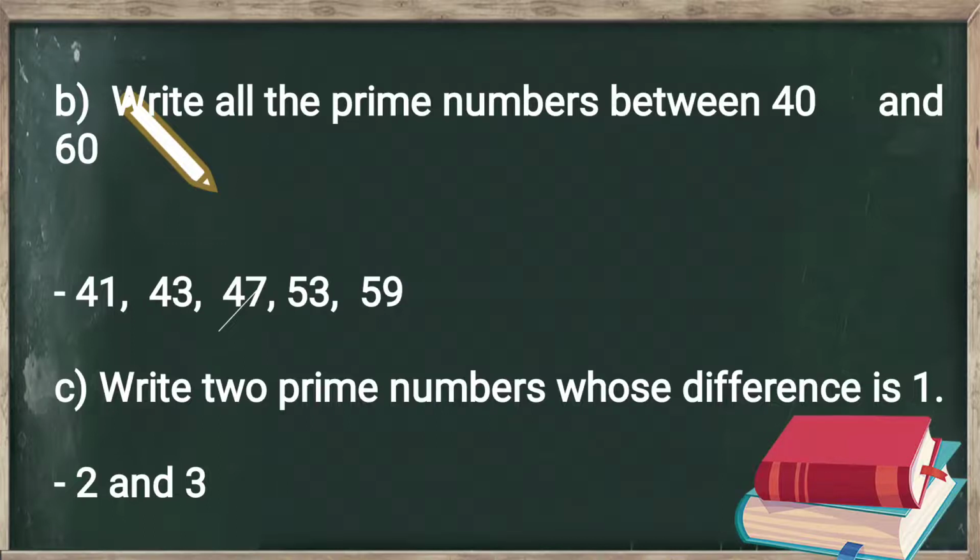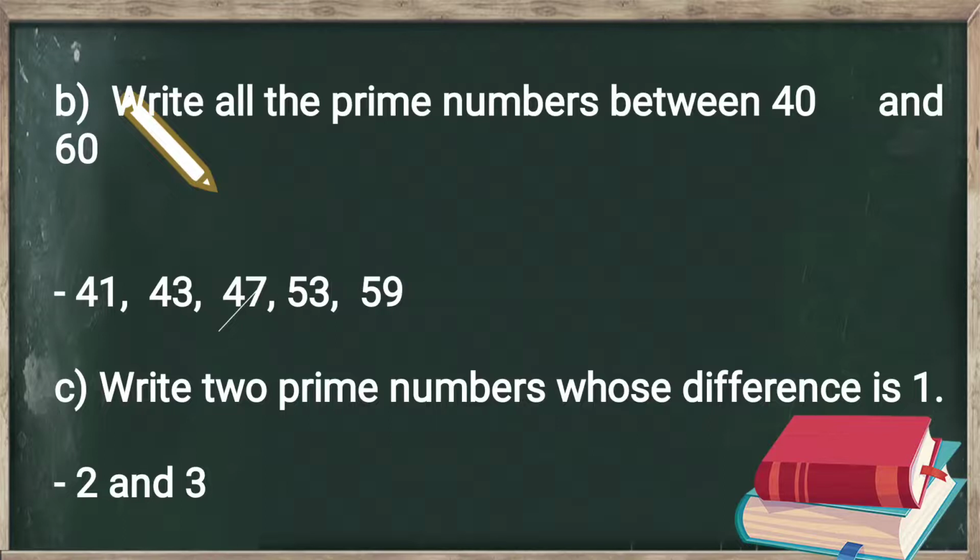So they are the prime numbers between 40 and 60. Once again, 41, 43, 47, 53 and 59. Prime numbers are those divisible by itself and one only.